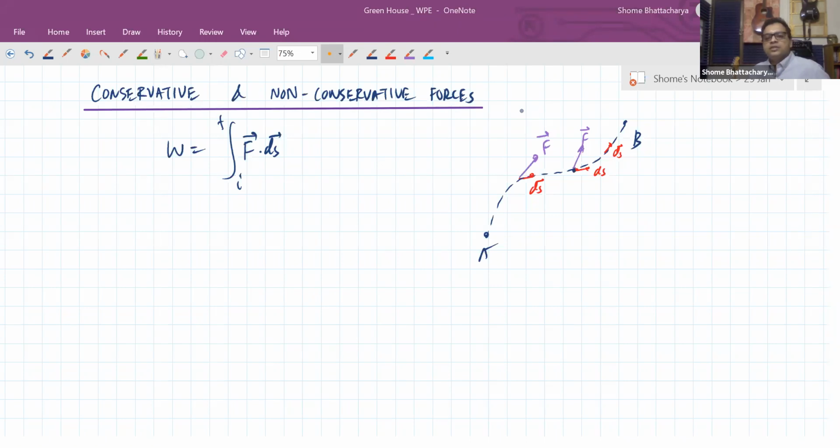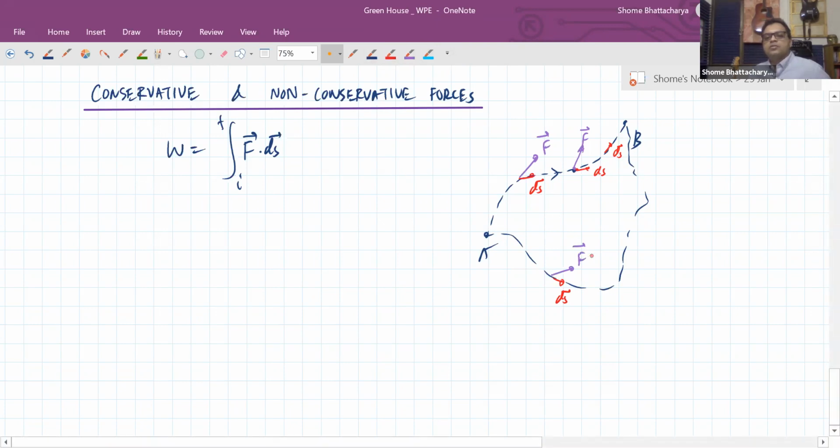Okay. Now in certain cases, if I go by a certain path, the work done might come out as something. Now if I go by a different path, but to the same point, the integration might result in something different or it might result in the same value. It all depends on the type of force we are dealing with.